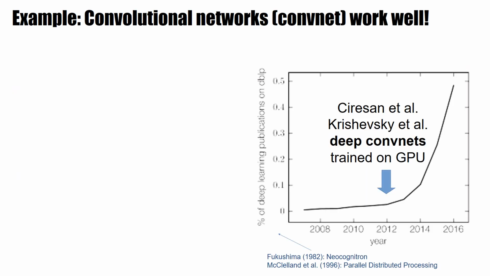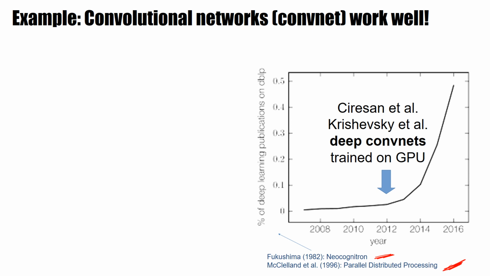Deep neural networks have been around for a very long time. Convolutional networks can be traced back to the neocognitron of Fukushima in 1982. So the elements of deep learning were available.